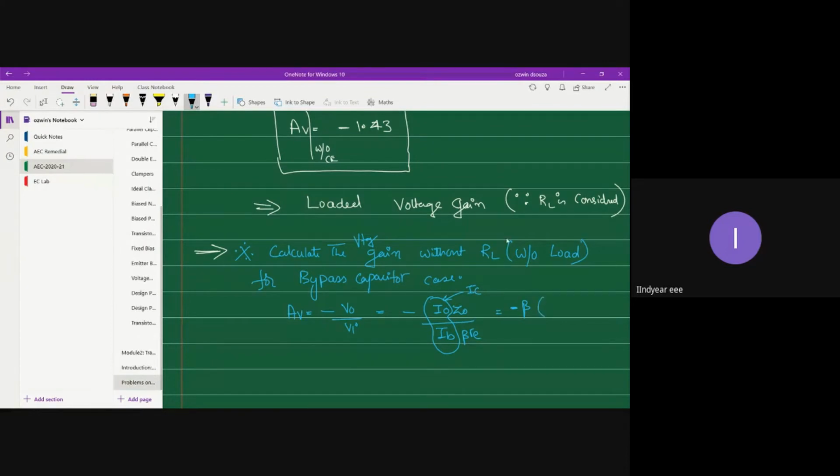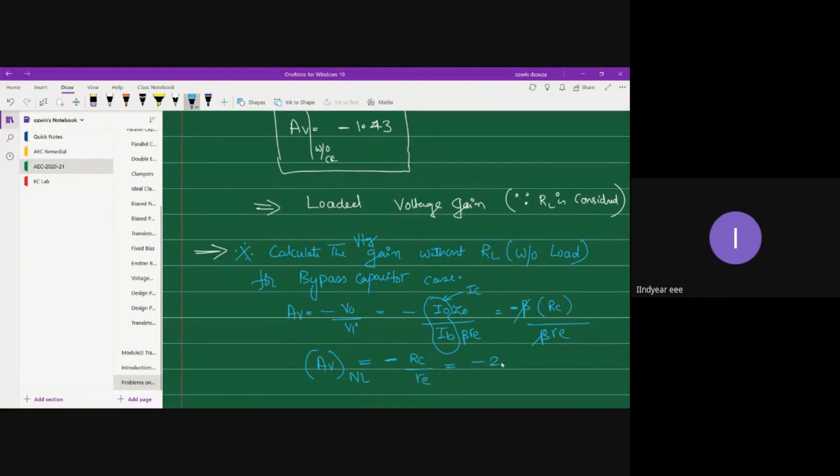What is Z0 when you don't consider RL? It is only RC, divided by beta re. So AV, you can call it AVNL. AVNL stands for no load voltage gain, and is simply the ratio of collector resistor to AC effective resistance.